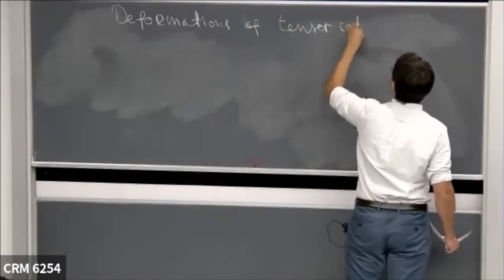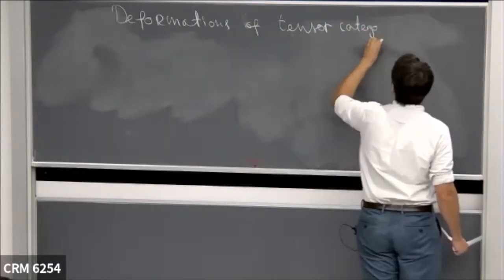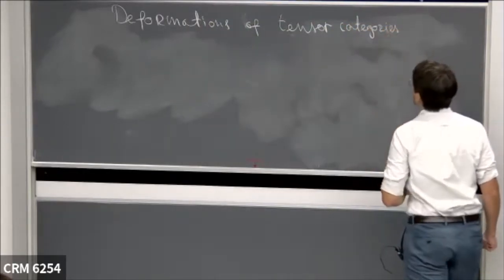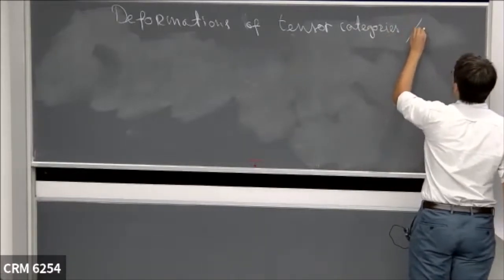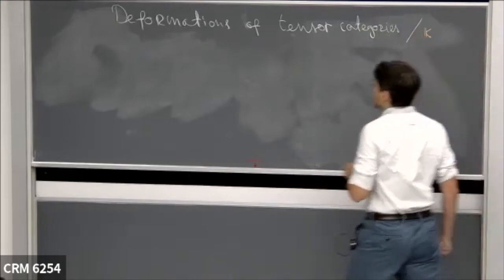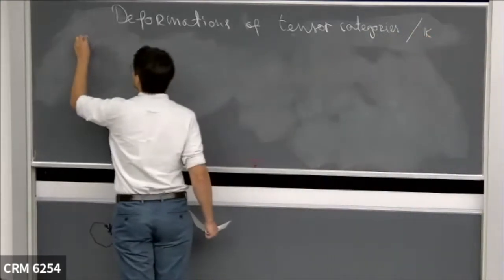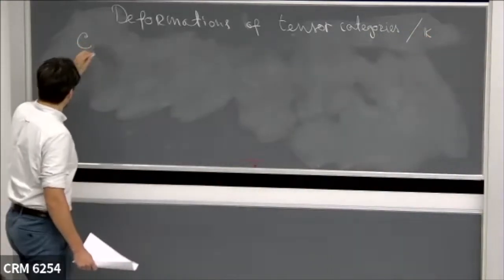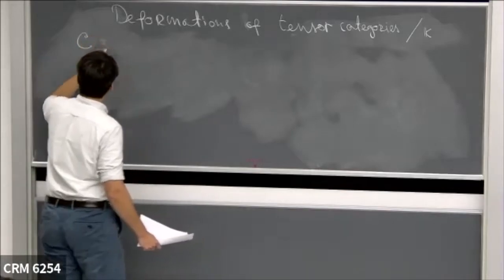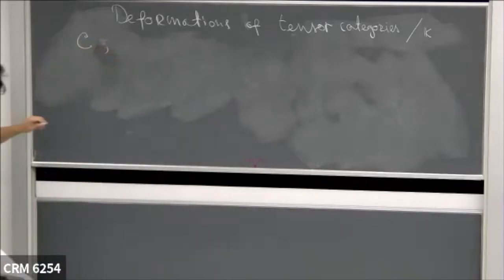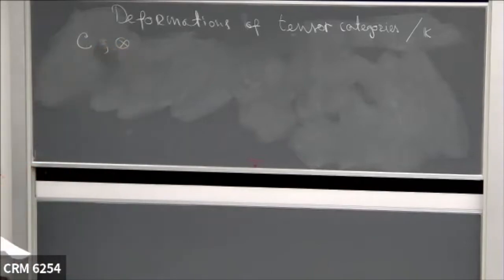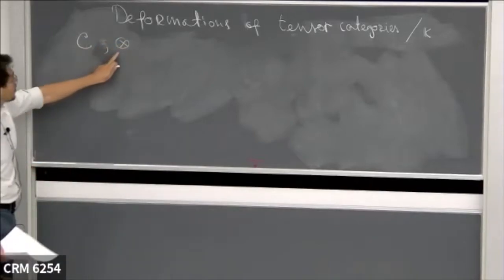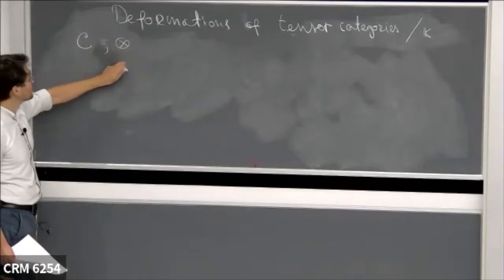Let me begin with some motivation. For me, a tensor category will be some linear category over some ground field K. I denote my tensor category usually C. So C is a linear category, as I said. It's equipped with a bilinear tensor functor from C times C to C. It's just a product, right?